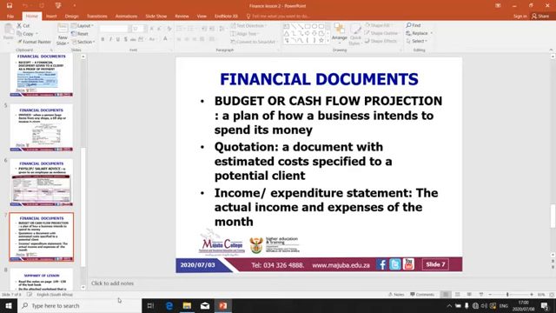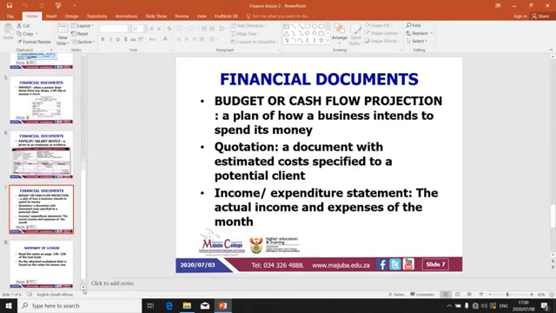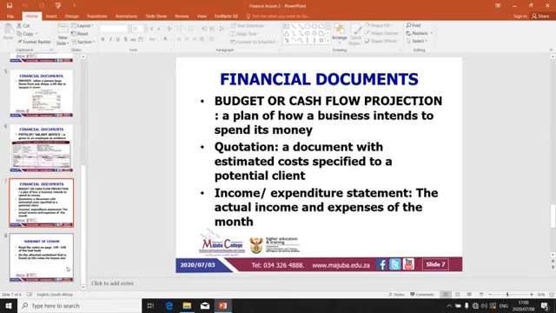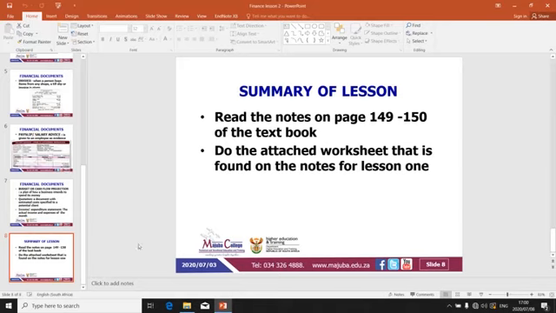The next financial document is the income or expenditure statement. It is the actual income and expenses of the month. That is the end of our topic on financial documents.